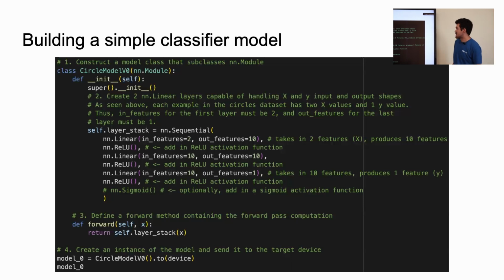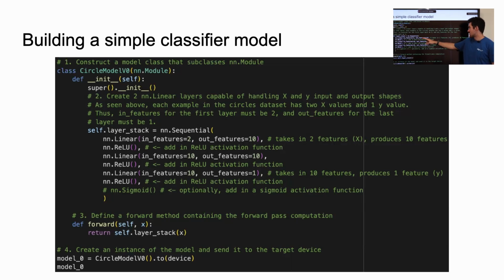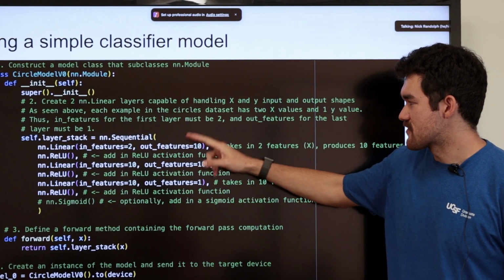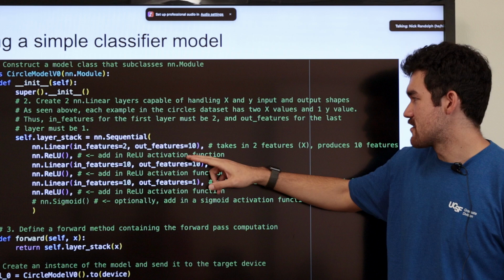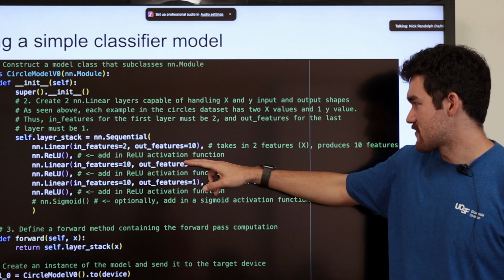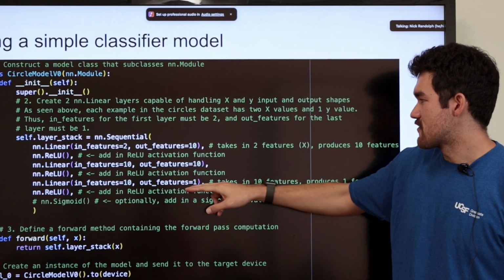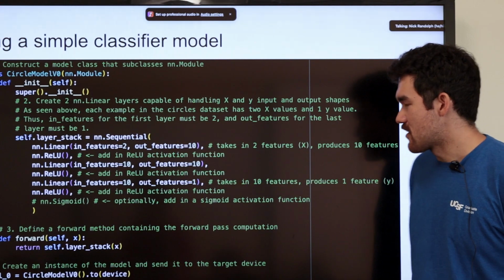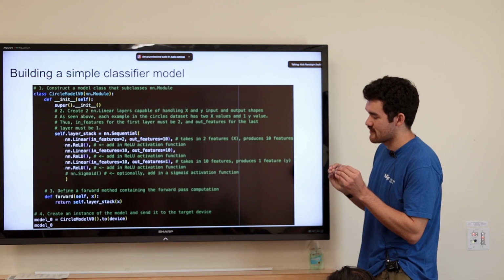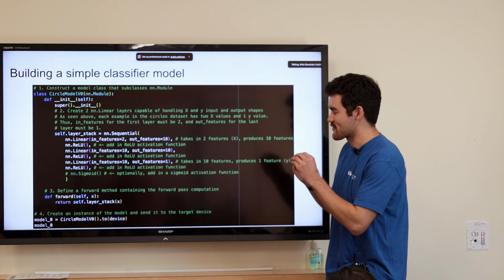So this is what that looks like. You can define your self.layerStack, which is just Sequential, which takes in as many modules as you choose. So here we're going linear layer to rectified linear unit activation function, and so forth. You'll notice the in features match the number of data features in our circles data set.